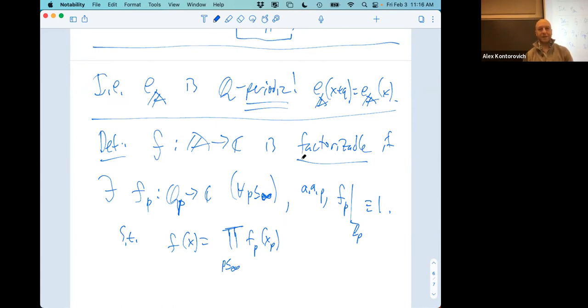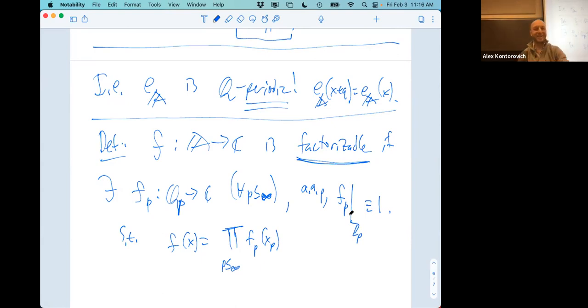So that's what factorizable means. When I say something's factorizable, it means I can write it as this kind of Euler-type product, with the added restriction that I'll always want. I don't want to deal with convergence. So I'll always assume that whatever these functions are, when you restrict them to Z_p, they have to be identically 1. That doesn't mean that the functions are themselves supported on Z_p.